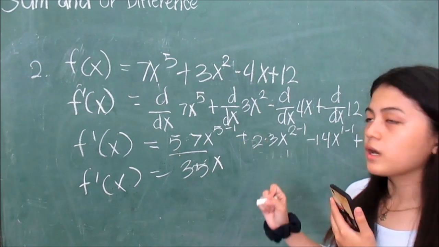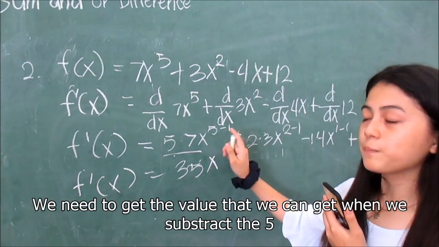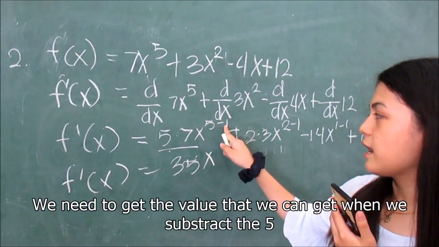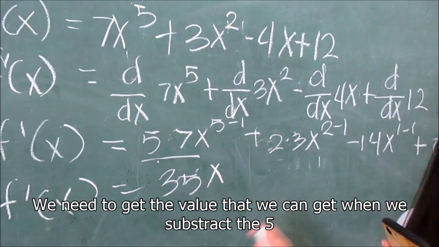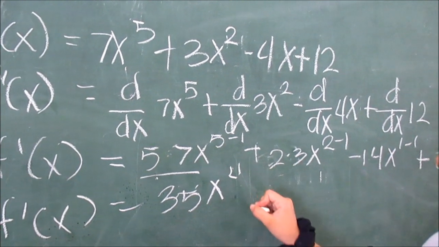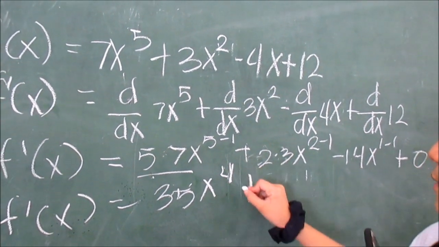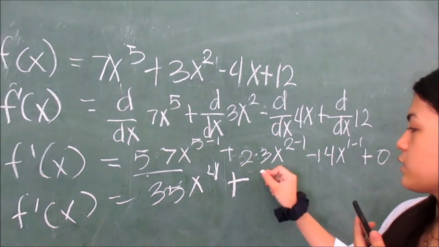And then we need to get what we obtain when we subtract 1 from 5, so this becomes 4. Plus 2 times 3 is equal to 6.